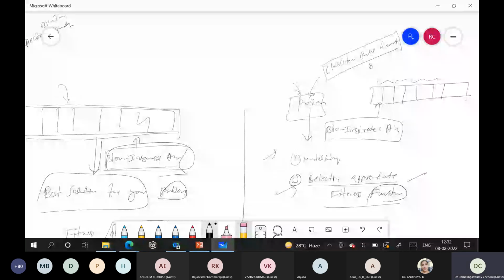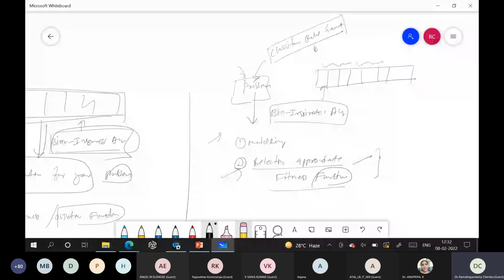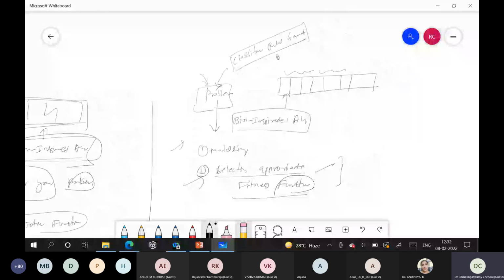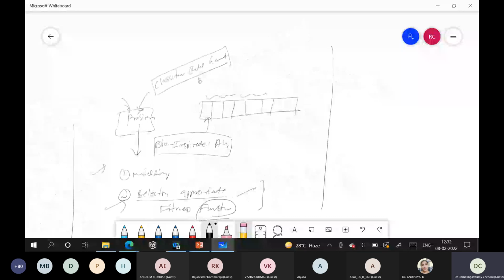Once you've done the modeling, the next step is selecting the appropriate fitness function. Right? This is what we did during our PhD. This is the high level view. Now let us talk about how we generated the classification rules for diabetes classification.